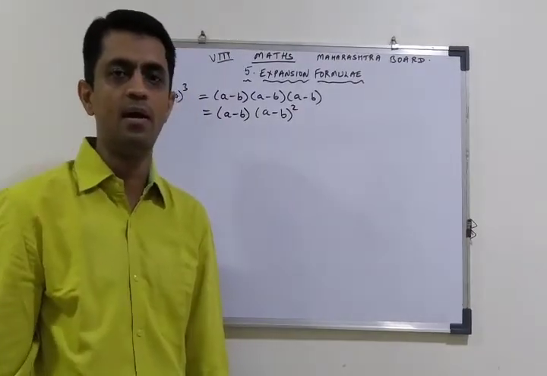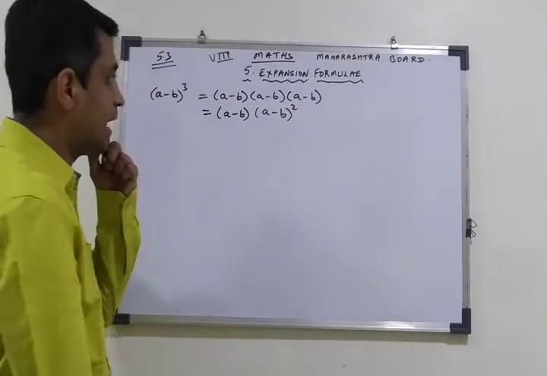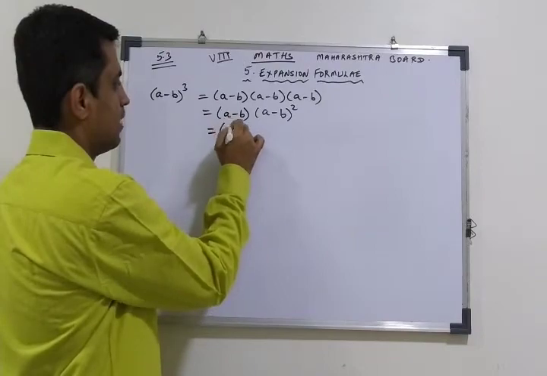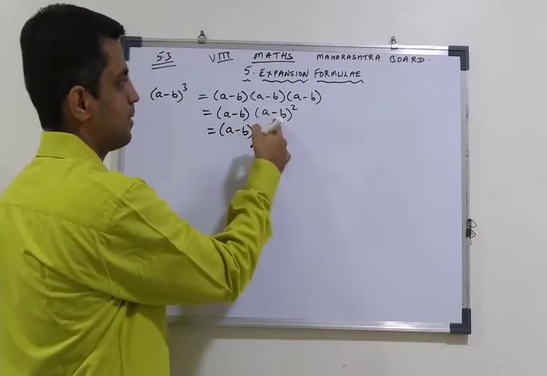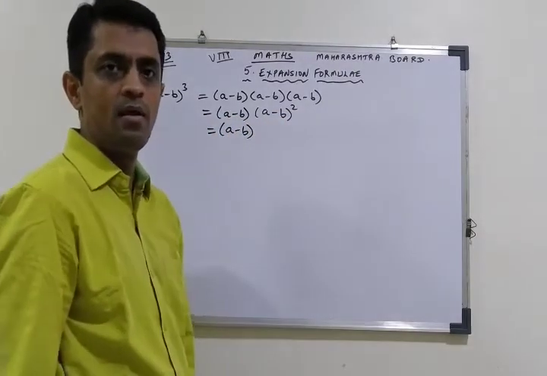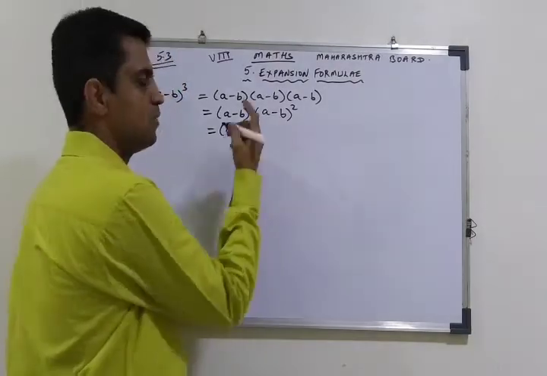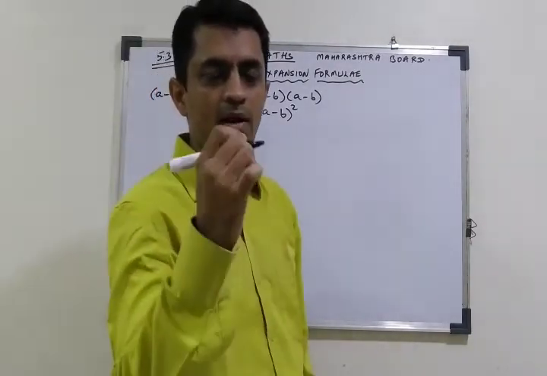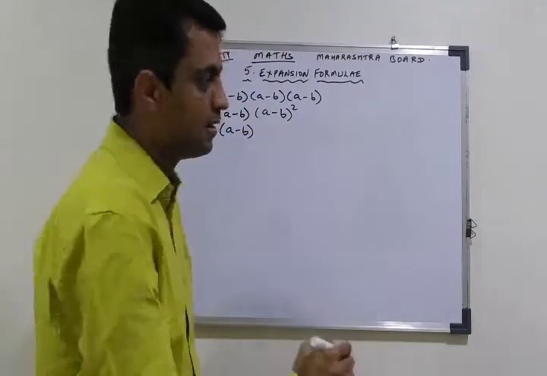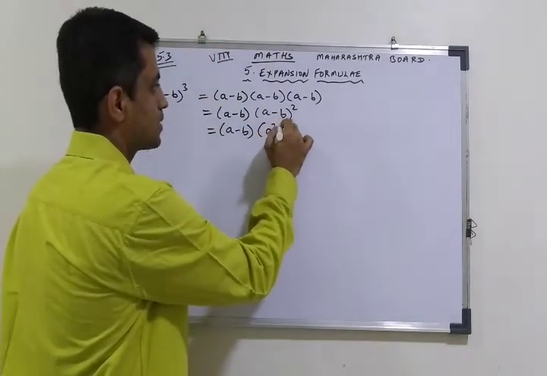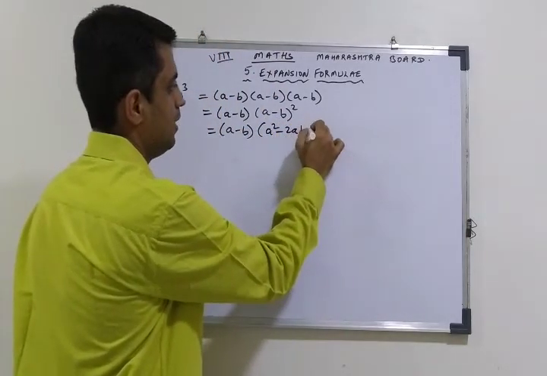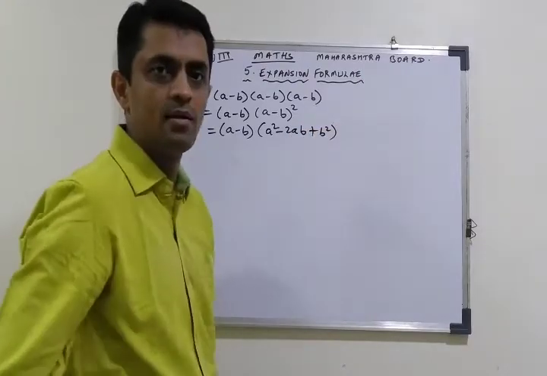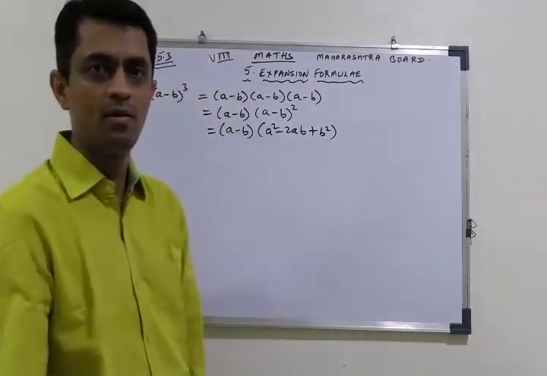After this, we are going to expand a minus b the whole square, and we know this formula. A minus b the whole square is what? Recap. Yes, a square minus 2ab plus b square. Correct? Recollected this formula? Okay.